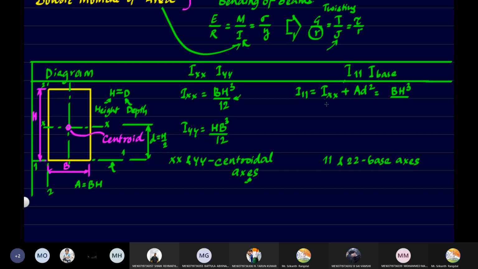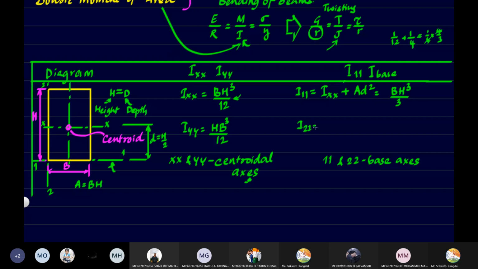And then here we get bh cube by 4. 1 by 12 plus 1 by 4 is how much? 1 by 4 is common. Here we have 3 plus 1, 4, 4 by 3. So this is 1 by 3. So bh cube by 3.